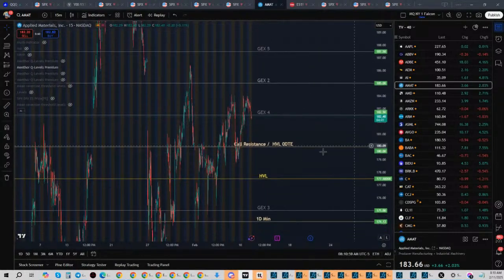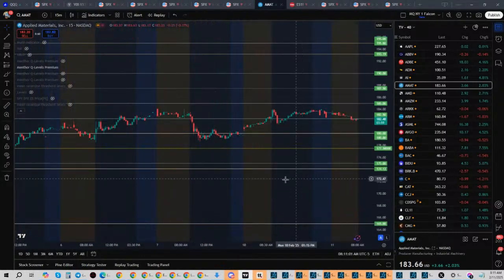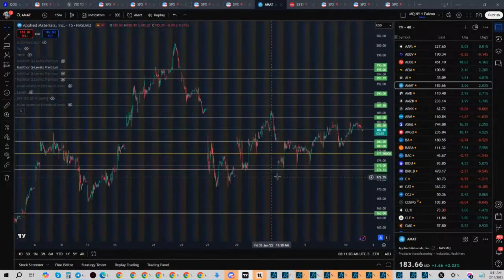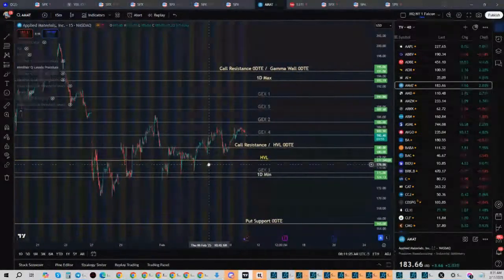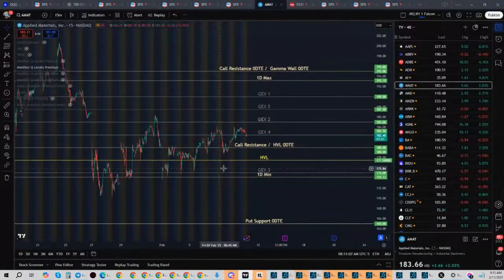We have earnings coming up with Applied Materials, and it's over this call 180 level, but with earnings, it's hard to tell because the IV is elevated. We know that the target was toward this area.